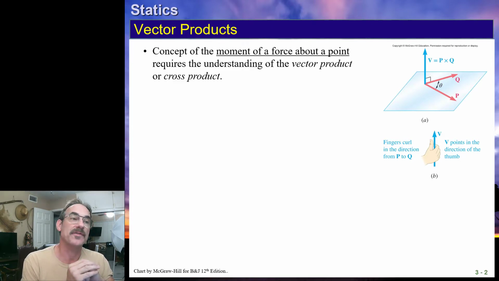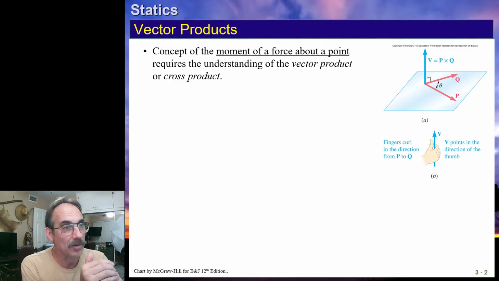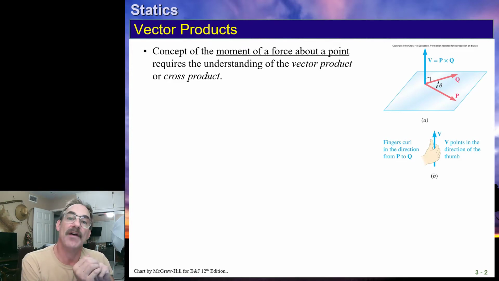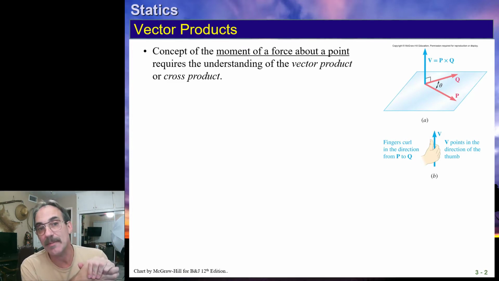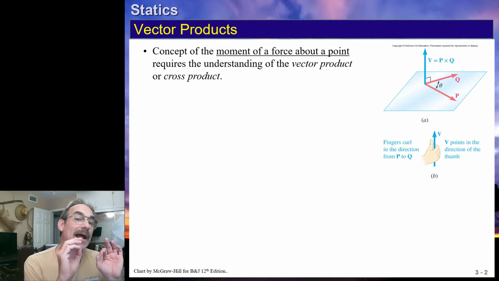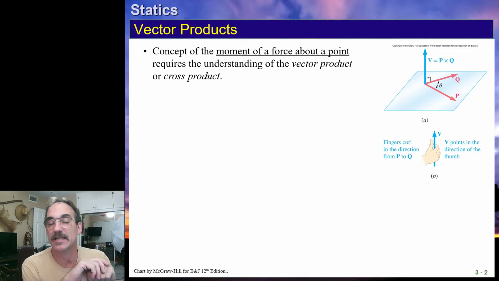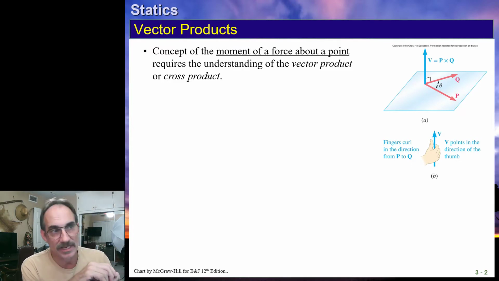When we cross those vectors, we're going to take the one, do a mathematical manipulation into the other to get a third vector. This applies to countless mathematical operations and engineering applications, but for our purposes, it's going to be one of the tools we're going to use to analyze what the moment is when we have more complicated vectors occurring in space. Okay?